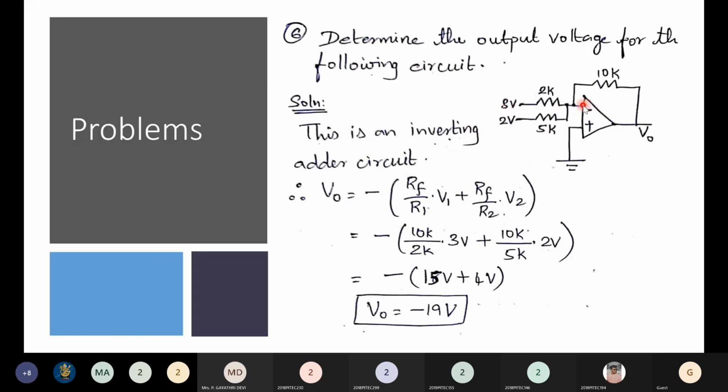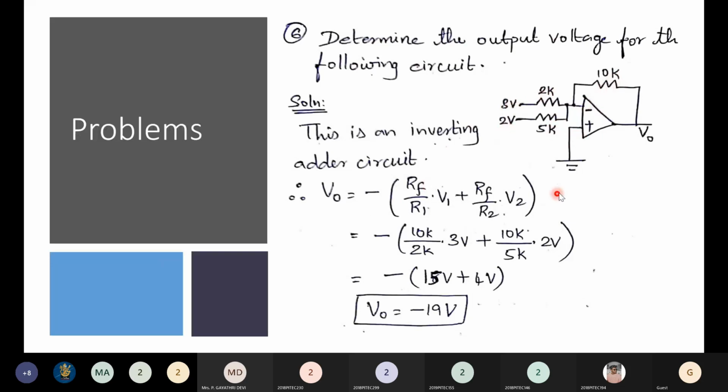After identifying the circuit, you should try to evaluate the output. So this is an inverting adder circuit, because two inputs are given at the inverting terminal of the op amp. Now try to write the expression. We know the output expression of an inverting adder, which we just derived: output is equal to minus RF by R1 times the first input, similarly minus RF by R2 times the second input.